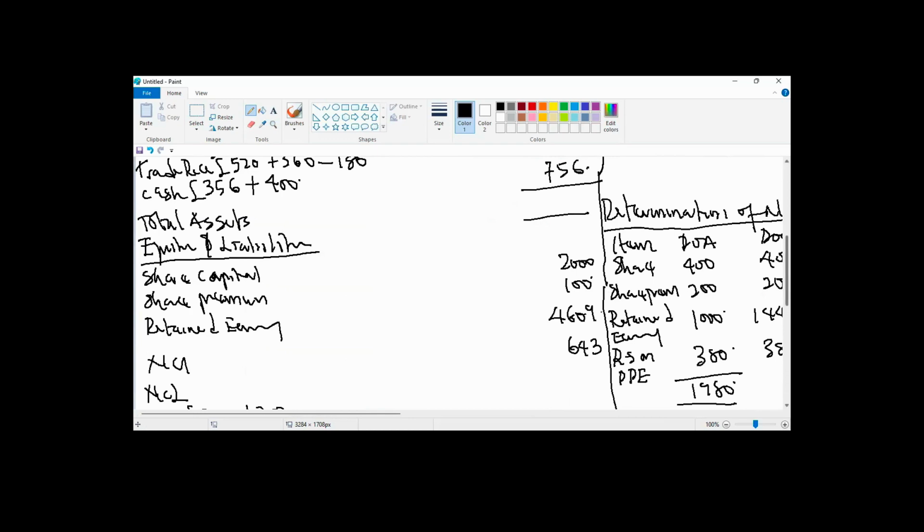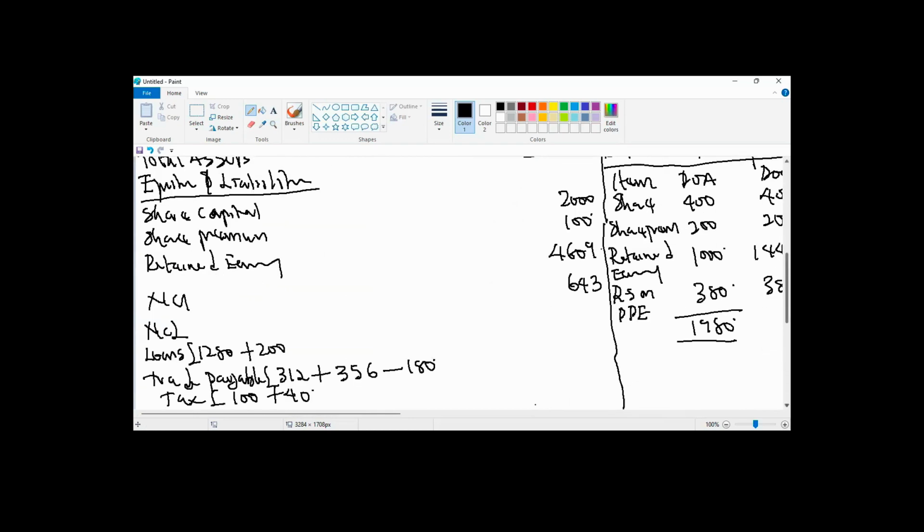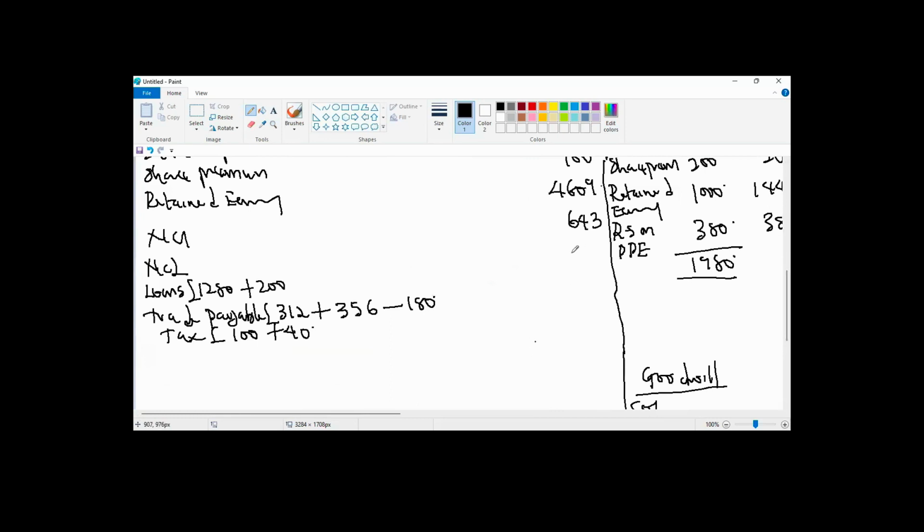Then the loan, 1480. 100 plus 40, 140. 312 plus 356 minus 180, 188. That is the end.